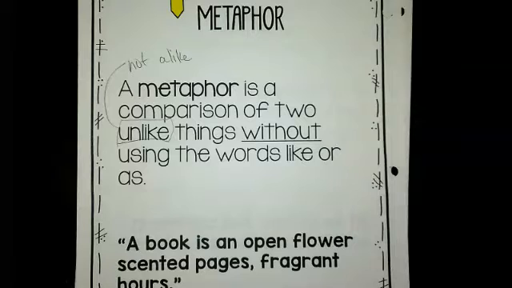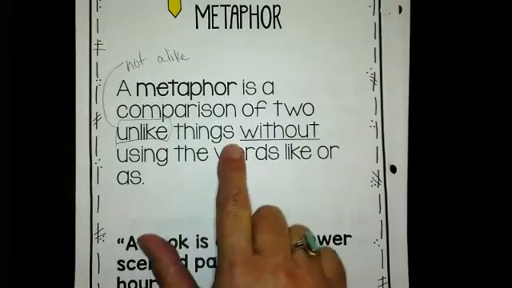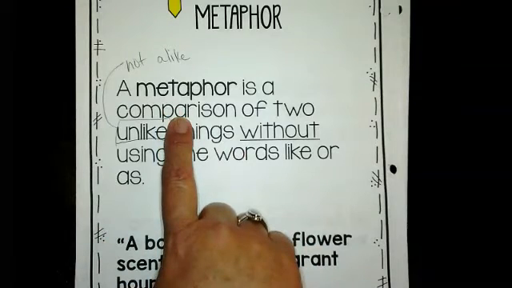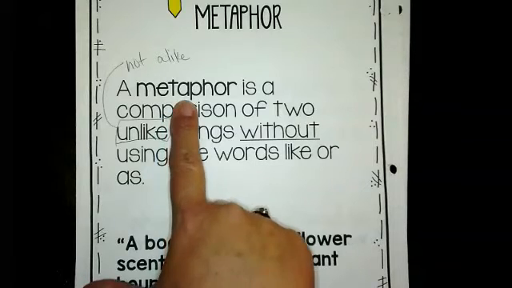He is a cheetah on the racetrack. Well, we know that cheetahs are really fast animals, so we can compare a person to a cheetah if they are a very fast runner. So he is a cheetah on the racetrack. That would be a metaphor.